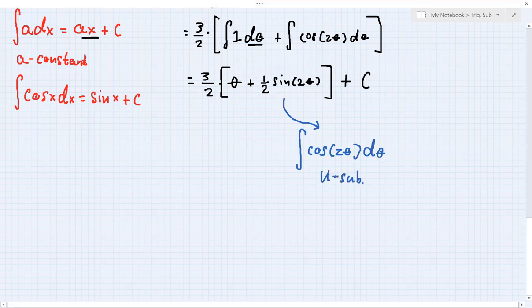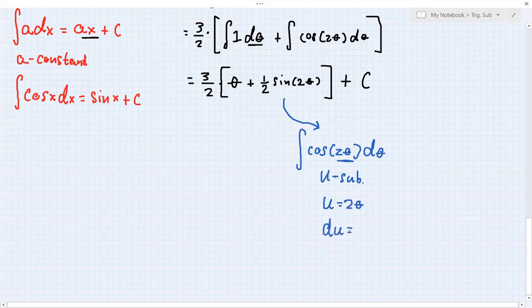Then last but not the least, after substitution, ang makita ko dapat is si U at saka si du lang. Okay? So, in this case, sino dito si U? Yung U mo, yun yung loob ng cosine mo. So, let U be 2 theta.